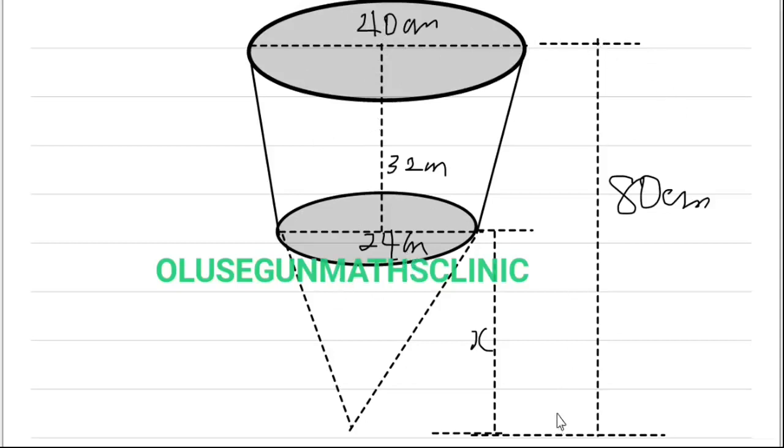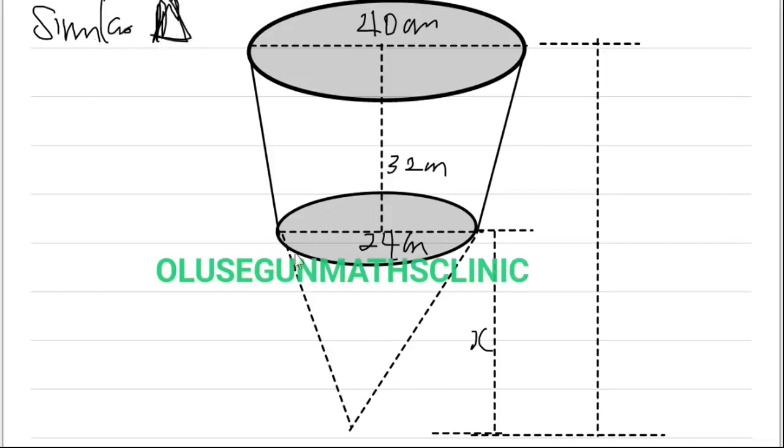This is my rough work. So now there is something we call similar triangles.